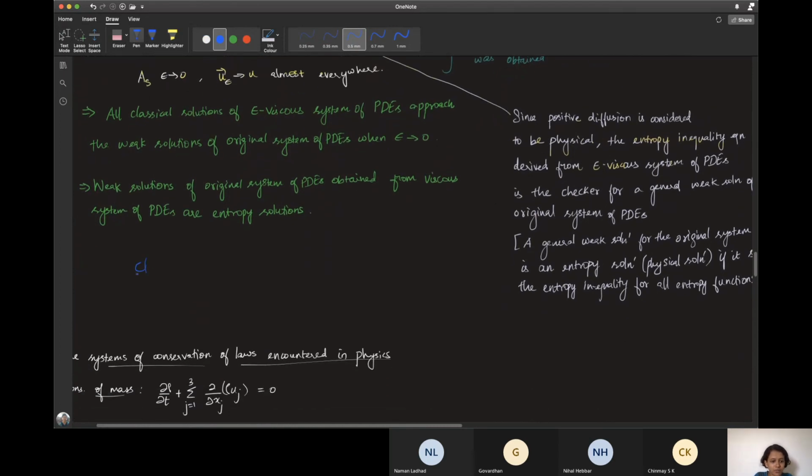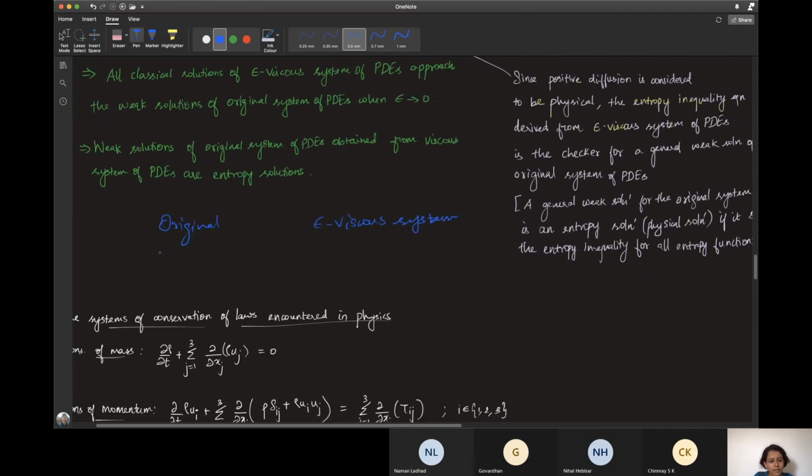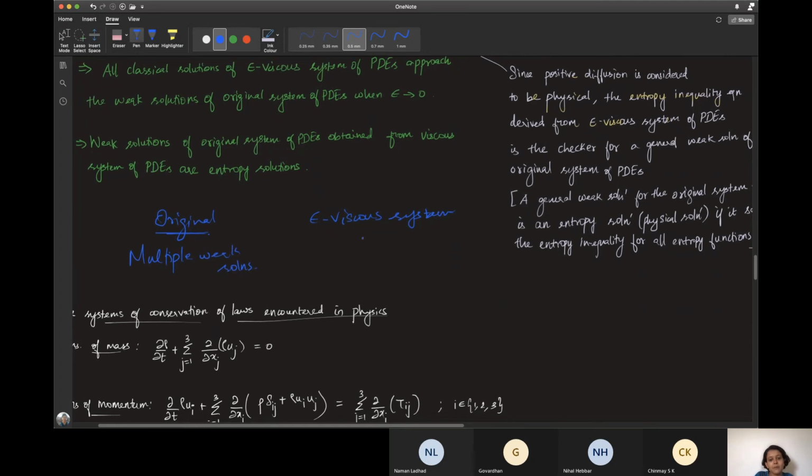You have the original system, and then you have the epsilon viscous system. For the original system, you have multiple weak solutions. For the epsilon viscous system, you have some classical solutions, and these classical solutions approach some weak solutions.